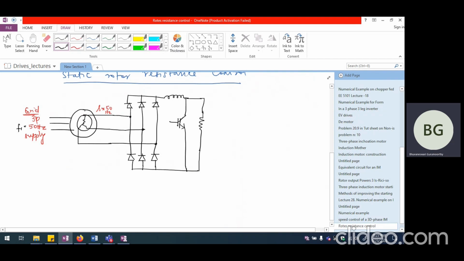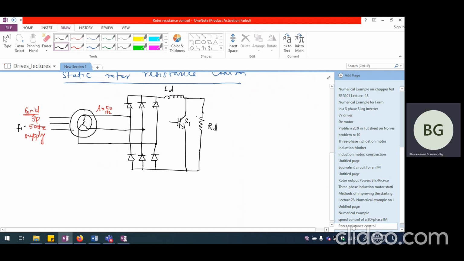Let me show this as an IGBT, S1. This is the DC link resistance RD, and this is LD, the filter inductance connected to smoothen the current. This is the resistance on the DC link, and this is the switch S1.